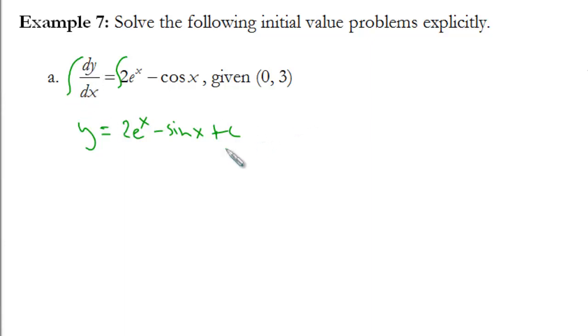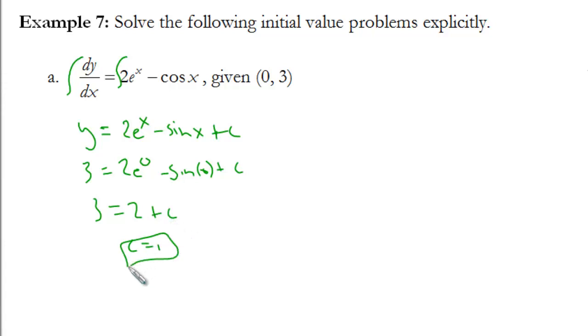And the way you get rid of that c is by plugging in the initial value, 0, 3. So when y is 3 and x is 0, we will be able to get the letter c. So e to the 0 is 1 times 2, so we have 3 is equal to 2, sine of 0 is 0, and so we can see that c equals 1. And don't forget, this is called your general solution.